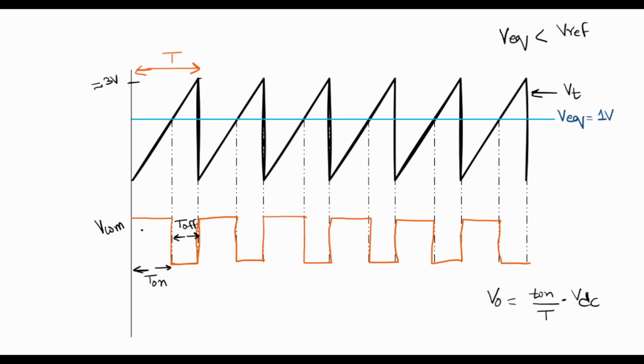So the controller increases the on period, and as a result, the output voltage increases. So this is negative feedback control. Wherever the sensed voltage is lower than the desired output voltage, the controller increases the on period so as to make the output voltage higher.